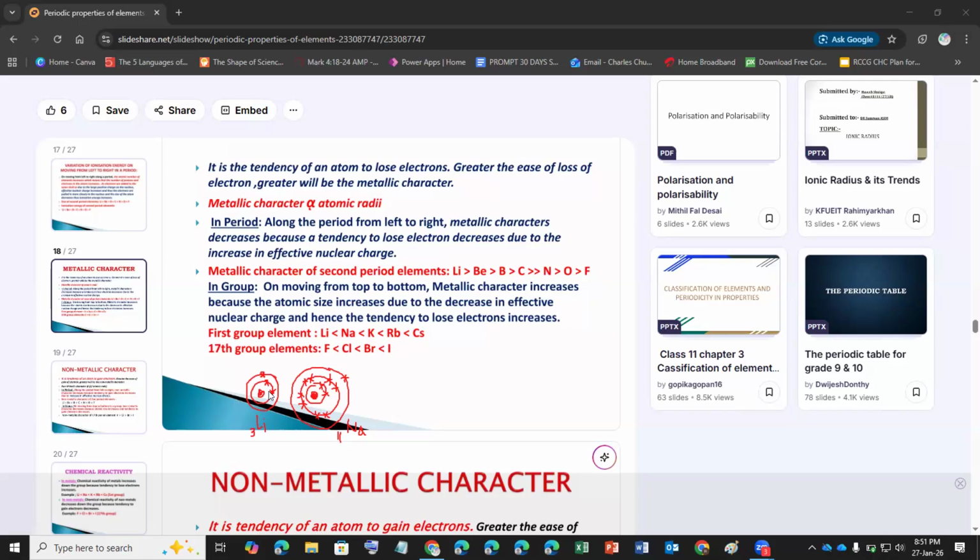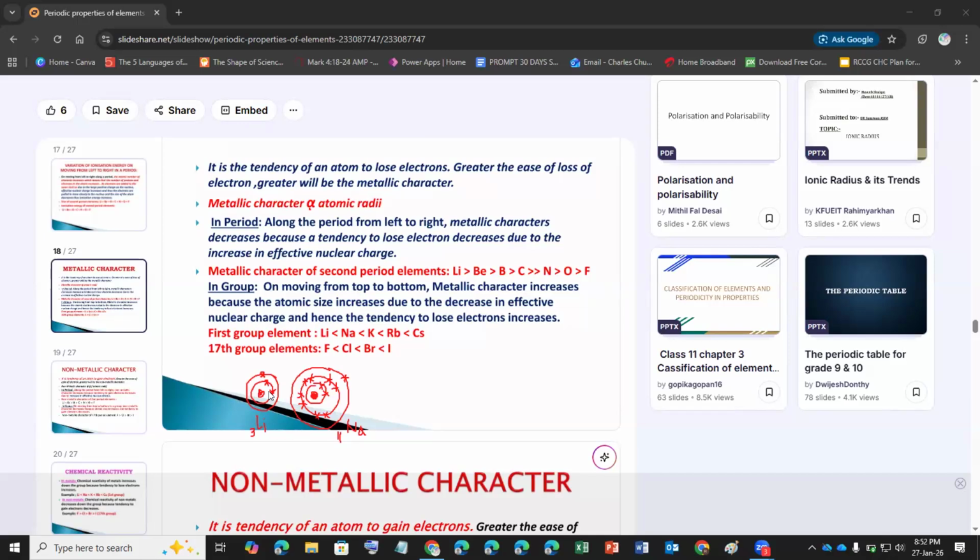But of course, you know what the drill is. Down a group, atomic size increases. Therefore, the metallic character will also do what? Increase, because it means that the strength of the attraction on that outermost electron gets weaker and weaker and weaker as atomic size increases.